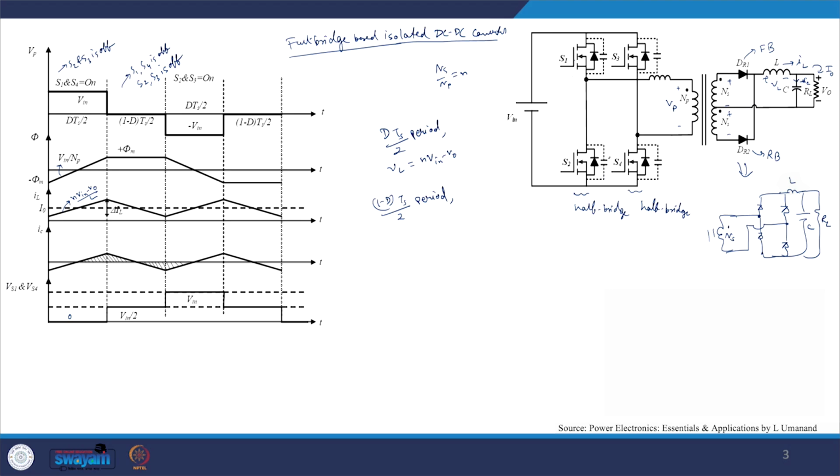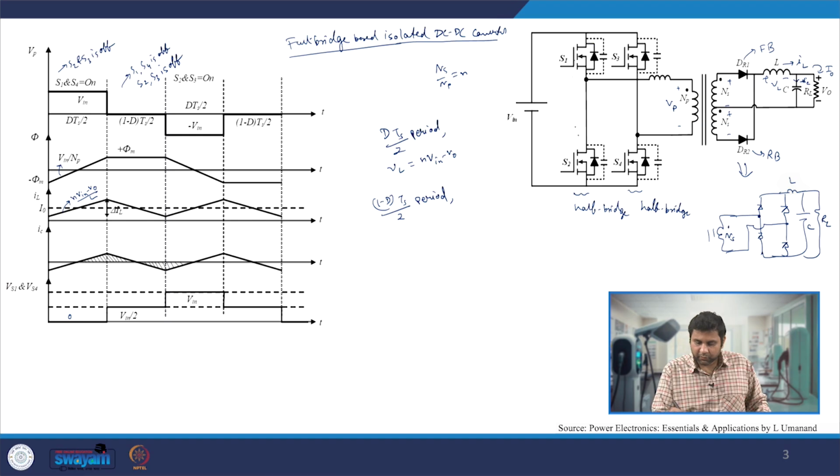If we assume that each switch has some output capacitance, let's say C1 and C2, which comes because of the construction of the devices, then the voltage will be appearing across these capacitances since all the 4 are off.